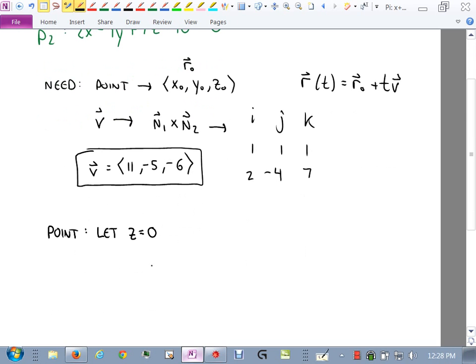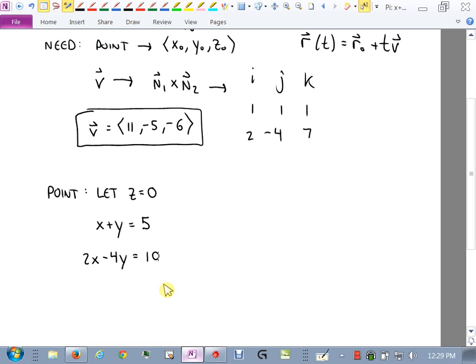If z is 0, I get x plus y is 5, and I get 2x minus 4y is, can I just move that negative 10 over and make it 10? This is a new system of equations. I'm going to solve this one using elimination instead of substitution.